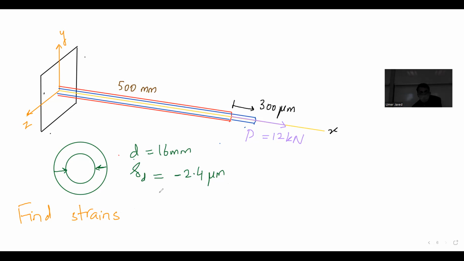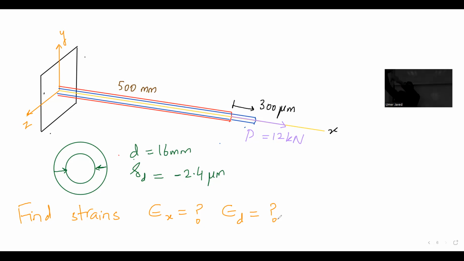So epsilon x equal to question mark. I really don't want to write epsilon y or epsilon z here, so I will call it epsilon d. And I think I really need to tell you the problem. So you have this red circular bar. Somebody is pulling it. It extends 300 micrometers.